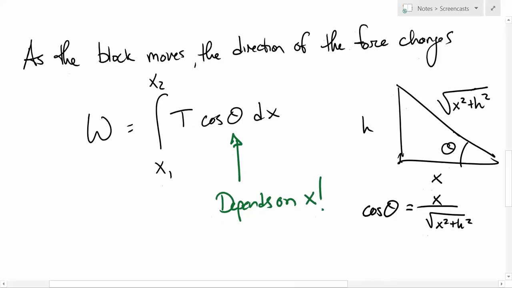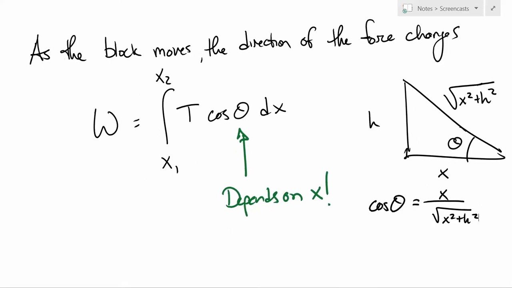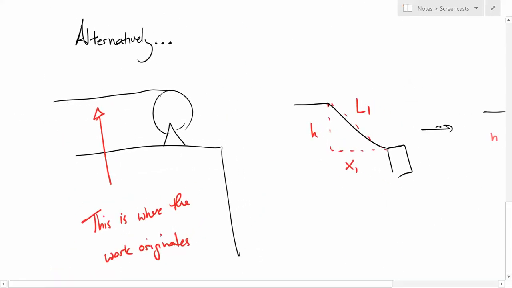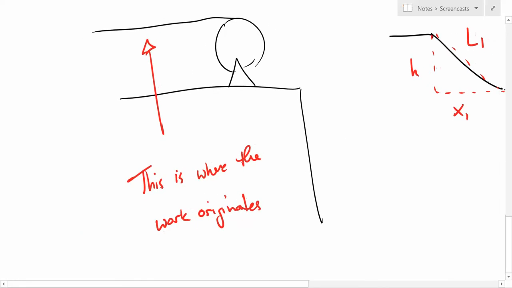There is, however, a non-calculus and exceedingly clever way to do this. And that is to kind of look at it from a big picture. If we look, you have to be pulling the rope from over here. So someone is exerting a force T on the rope and pulling it over the pulley.